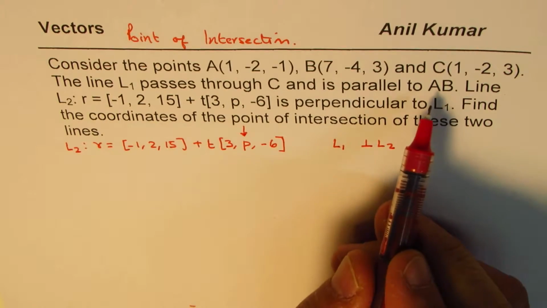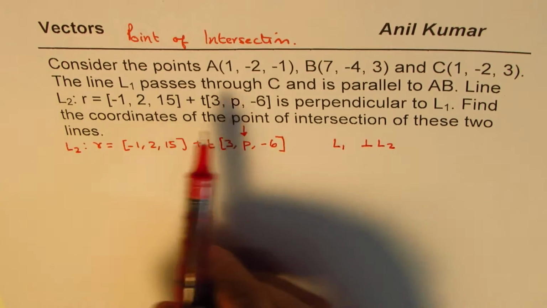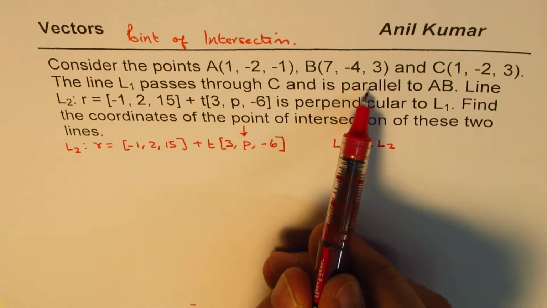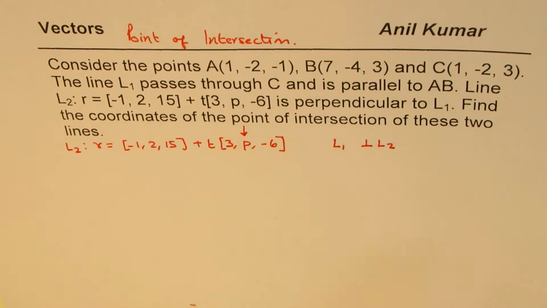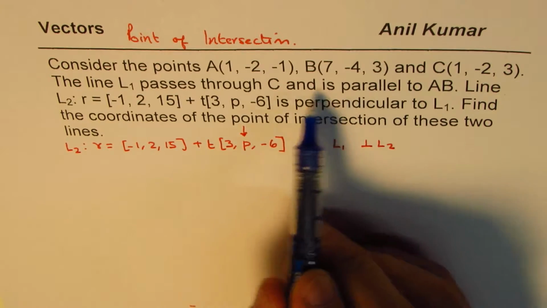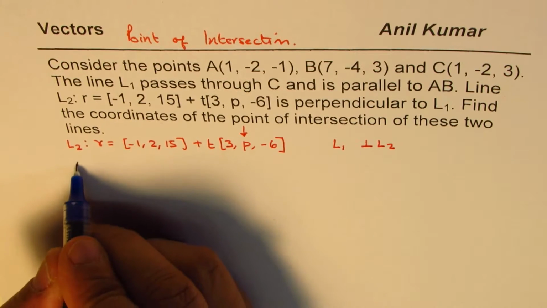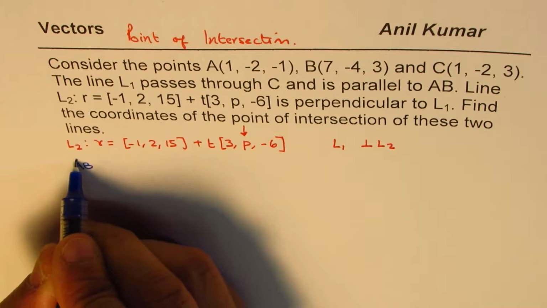Now let's find the equation of line L1. It says that the line L1 passes through C and is parallel to AB. So we need to find the direction for the line L1, which is parallel to AB. So let's find what direction AB is.